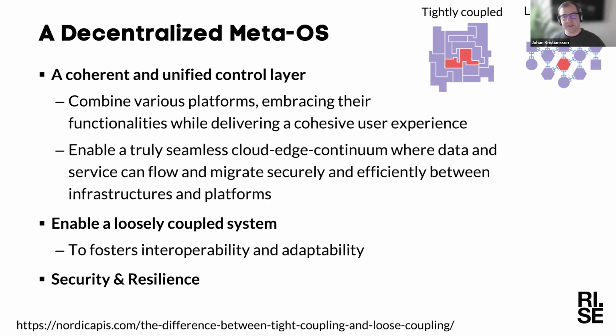It's not about replacing stuff, it's about integrating and combining different platforms into a unified platform. By doing so, it would be possible to create a truly seamless edge-to-cloud continuum where everything can flow and migrate seamlessly across platforms and infrastructure.